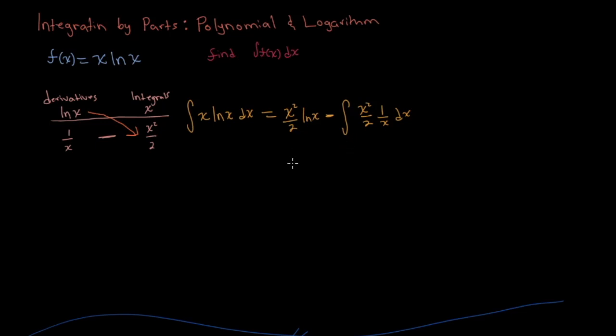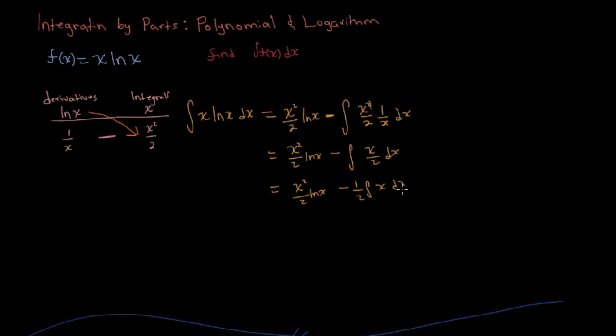So I'm going to simplify this, and in doing so I get x squared over 2 ln x minus the integral of, since this x cancels with one of these x's, x over 2 dx. Another way I can write this is the same thing, minus 1 over 2 times the integral of x dx.